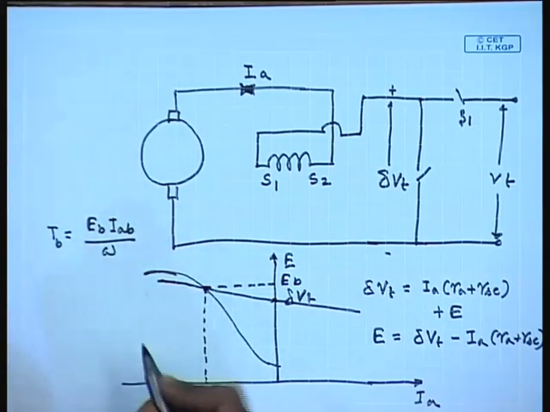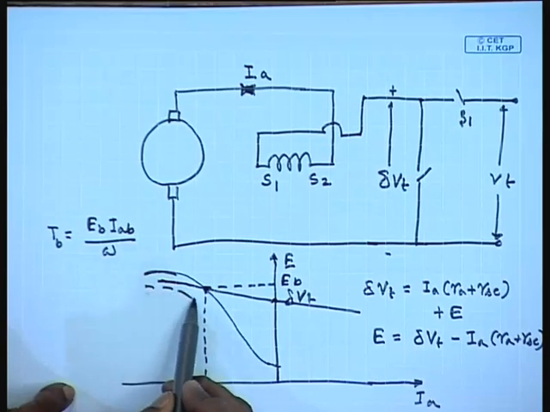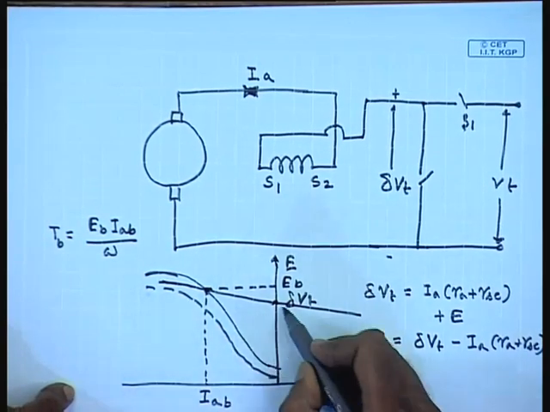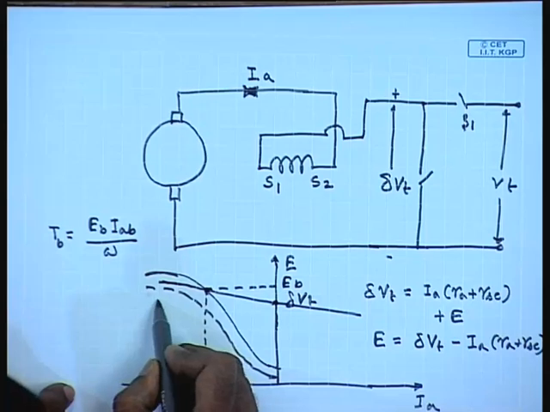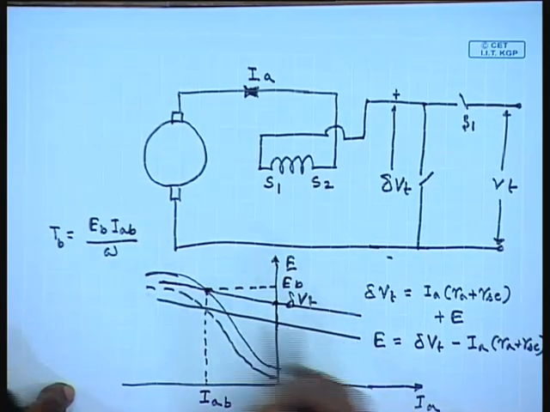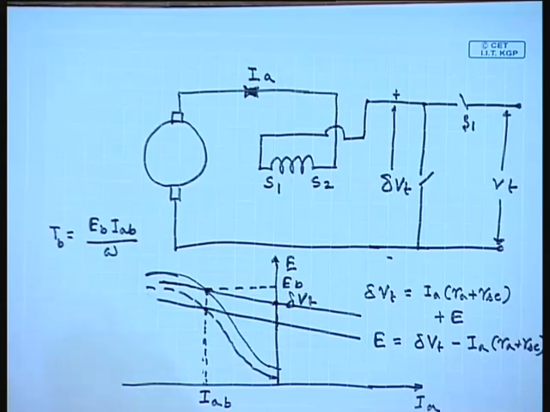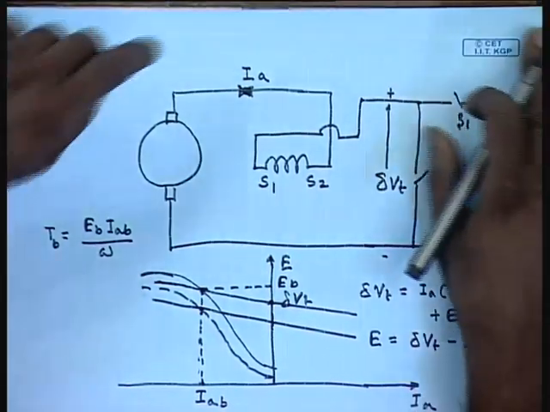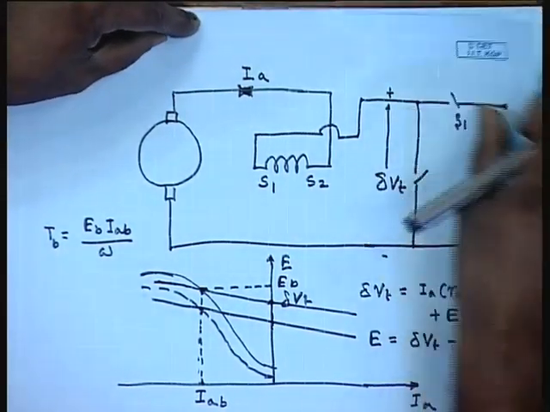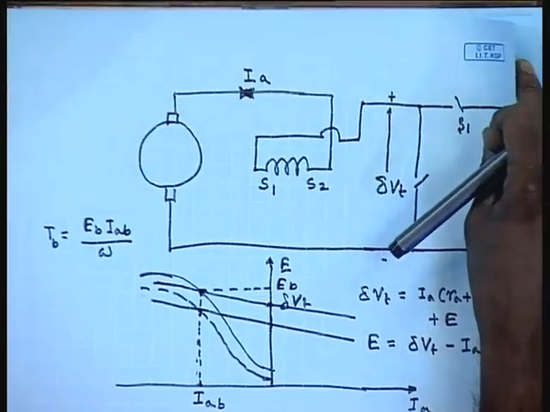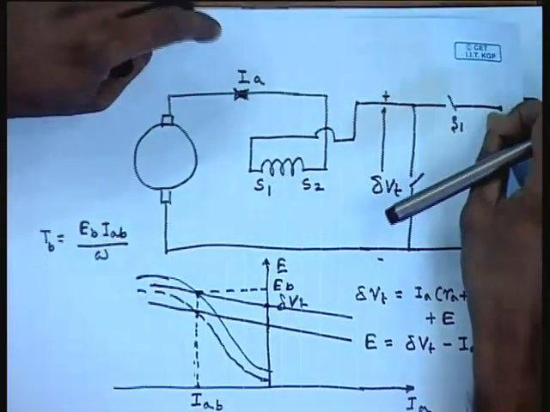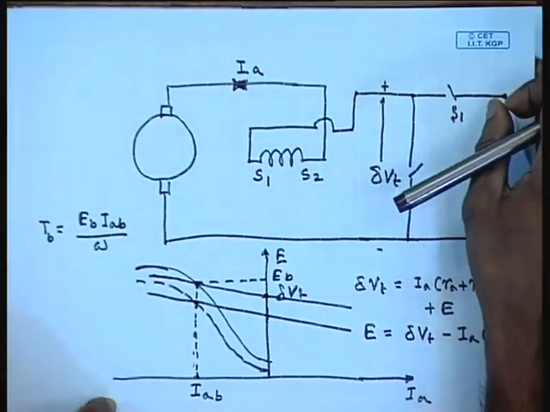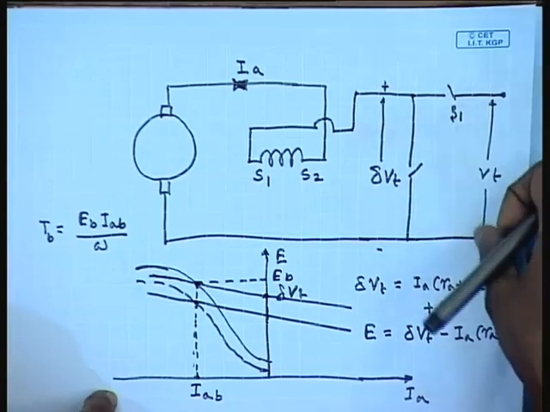As speed goes down, the OCC will decrease, the delta can be adjusted so that the braking current and hence the braking torque remains more or less constant. This way we can use a chopper to obtain constant torque during either dynamic braking or regenerative braking.